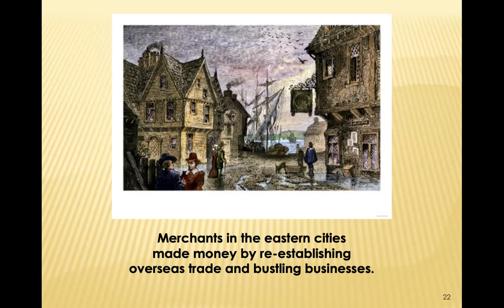So the merchants in the eastern cities were making money. They were reestablishing all of the trade routes that were originally disrupted by the war and all the blockades that had been happening. And so you have the poor farmers in Massachusetts out west going bankrupt because they can't pay their loans and they never received their pay from being soldiers.